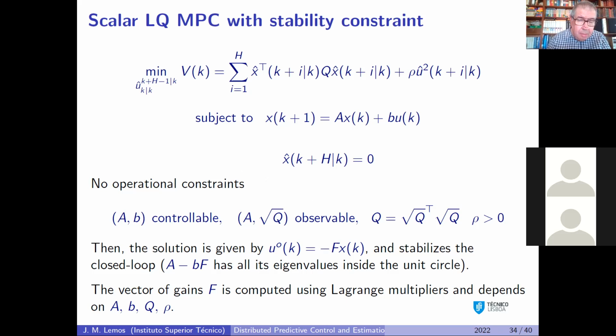Remember that the power of MPC appears when you have operational constraints, for instance on U, in which case the control is no longer a state feedback, like here. But it is interesting to see what the algorithm for which we have a stability result gives in this limit simple case.